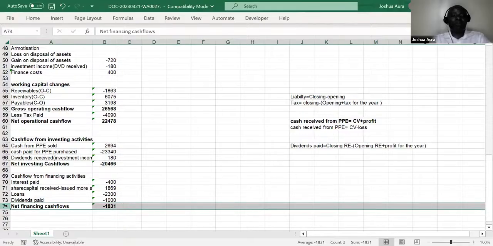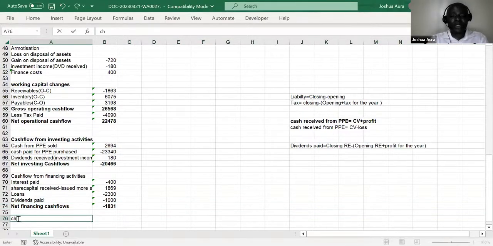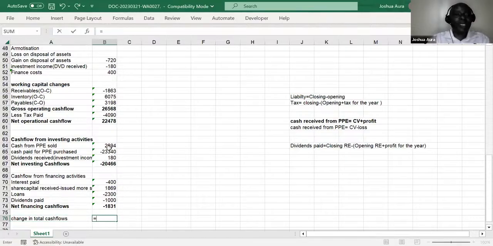So control bold. Please come and give me the change in total cash flows. So equals, you pick these bold ones. We have operational, you say plus, we have this investing, you say plus, we have this net financing cash flows.